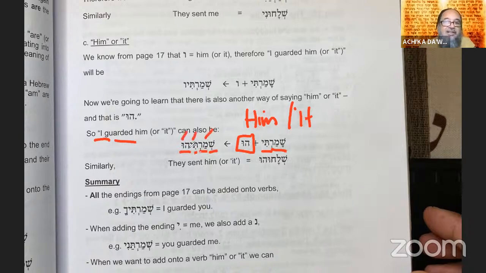I guarded him. The ti right here is I. The hu is what? The hu is him. Thank you.